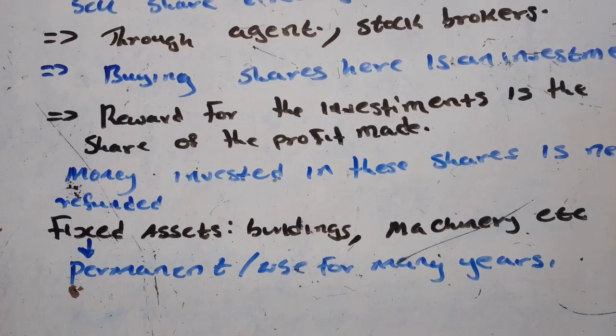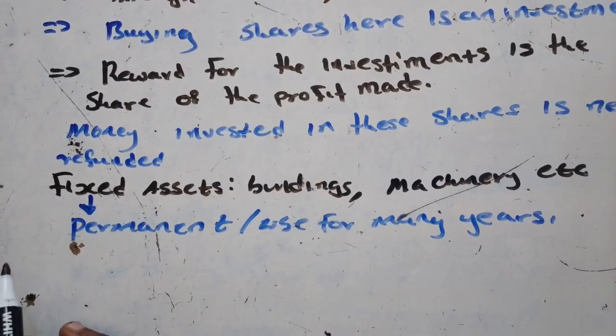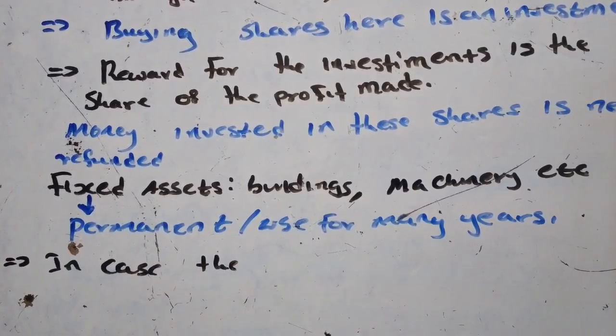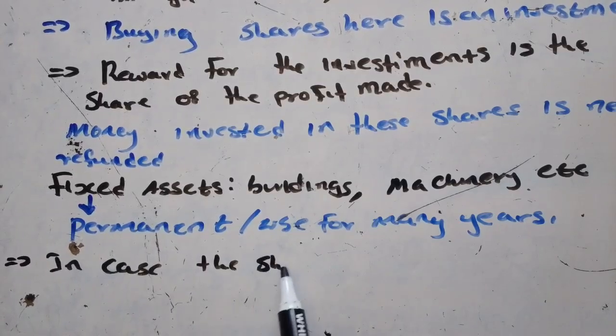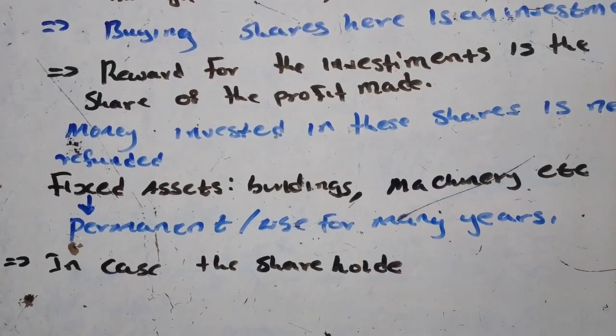So we have said that there are certain emergencies that happen that need instant money. A shareholder is simply a person who has shares on the stock exchange or in a certain company.